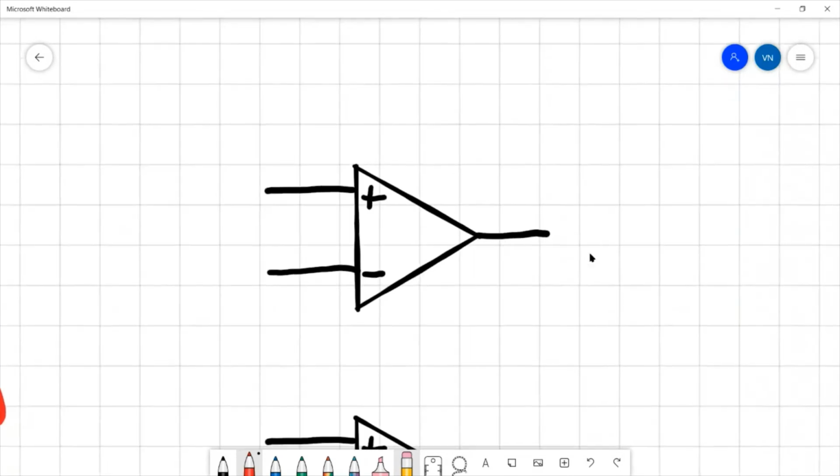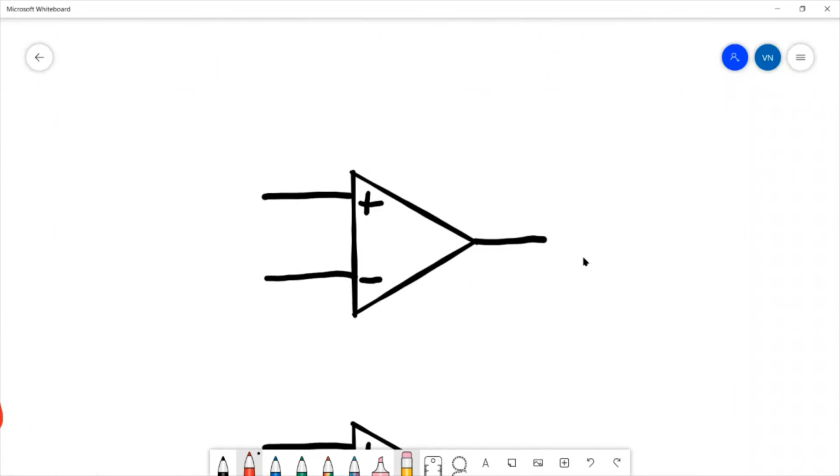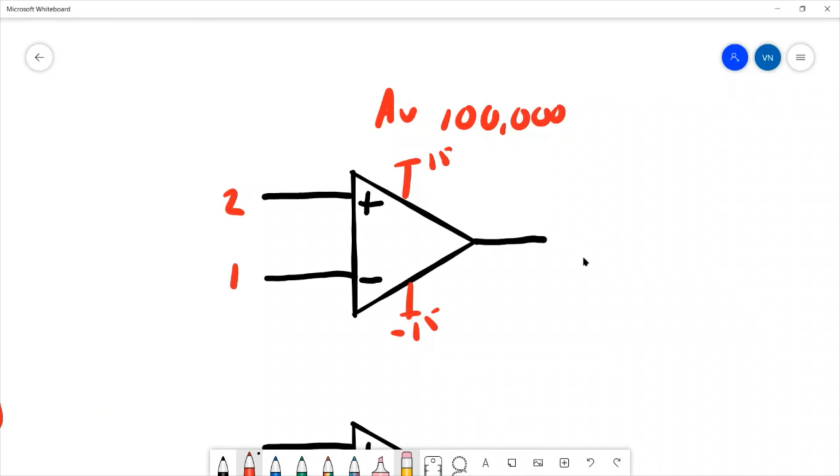What if the gain is really large? Let's say the gain is 100,000 and it's powered by 15 volts and minus 15 volts. If the inputs are 2 volts and 1 volt, the difference between them is 1 volt, and we would get 100,000 times that. The op amp would try to drive the output up to 100k volts, but of course it would never get there.